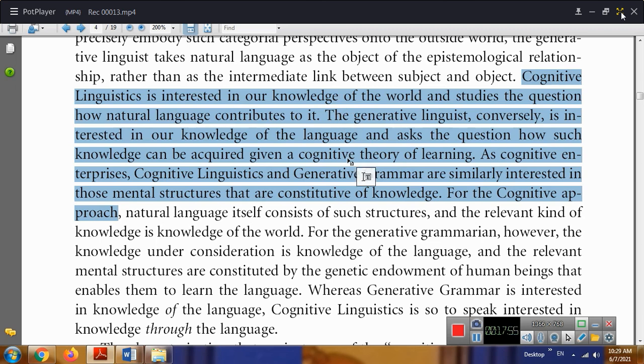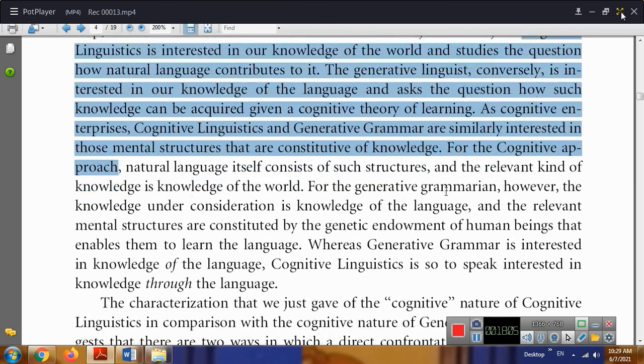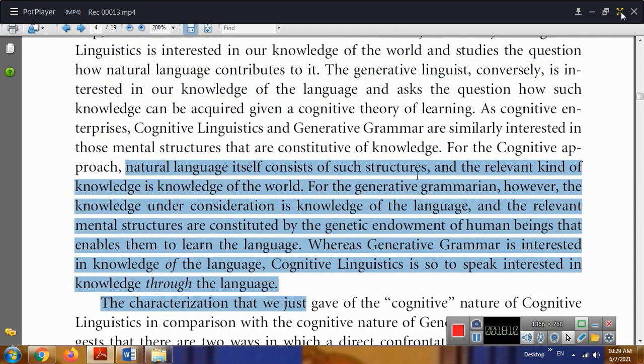As cognitive enterprises, cognitive linguistics and generative grammar are similarly interested in those mental structures that are constitutive of knowledge. For the cognitive approach, natural language itself consists of such structures, and the relevant kind of knowledge is knowledge of the world.